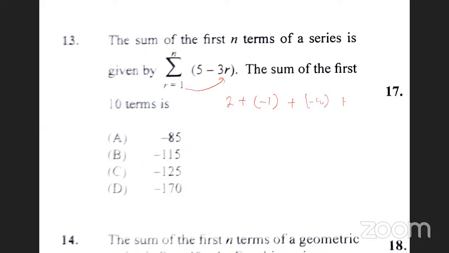What is it, AP or GP? All the values decrease by 3. So a is 2 and b is minus 3. So it's an AP. Use the formula and find S to 10.